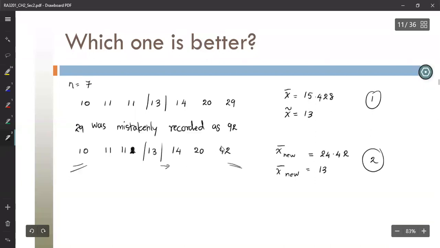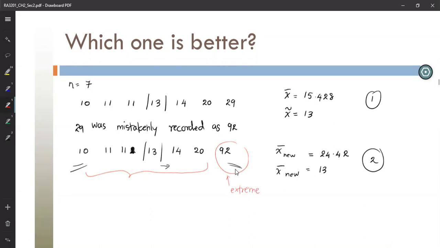So you can see that 92 is lying far away from the rest of the bunch of the data. It's an extreme value. This can happen at both ends, maybe to the right side, maybe to the left side. So we call them outliers, or extreme observations.